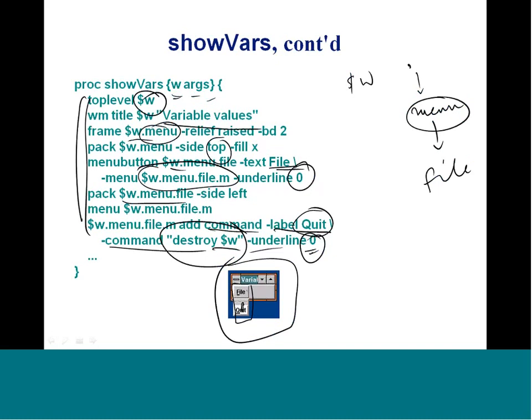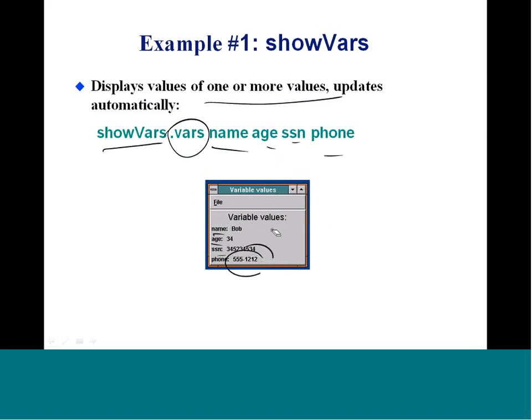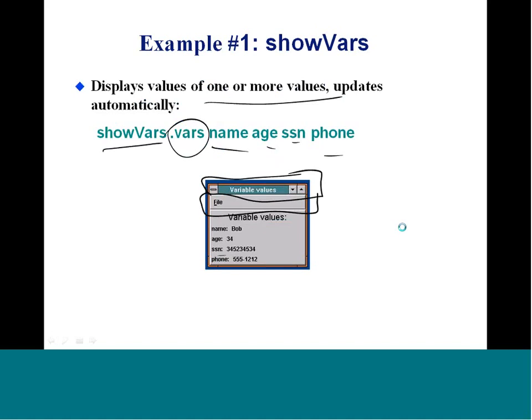In this one, let me just erase some of it. So we covered this portion and this portion in this next procedure when we define this entire procedure. Now we will go into how we get this piece of it.